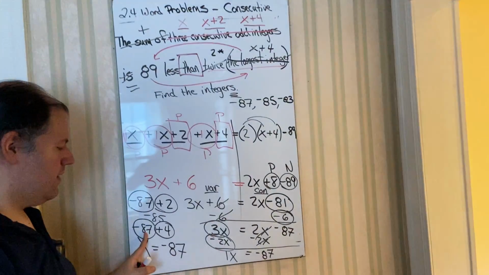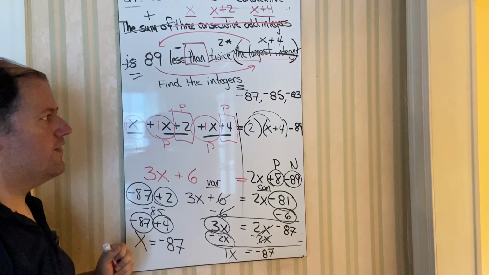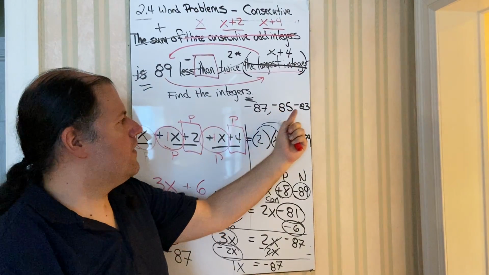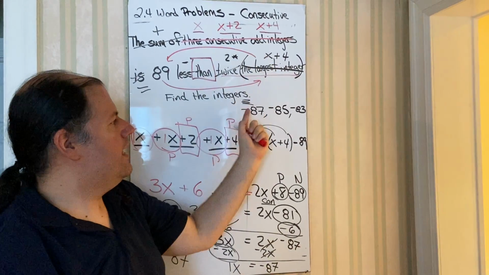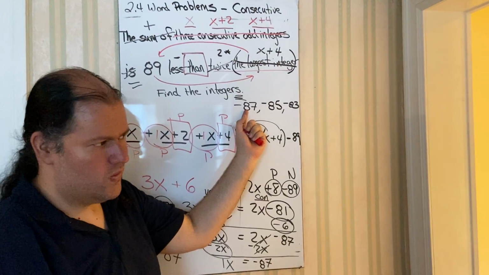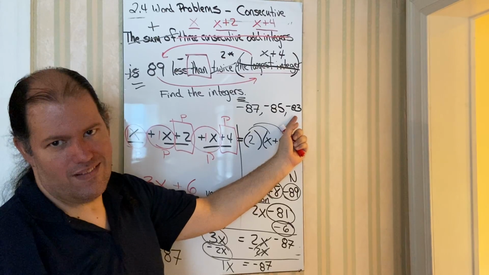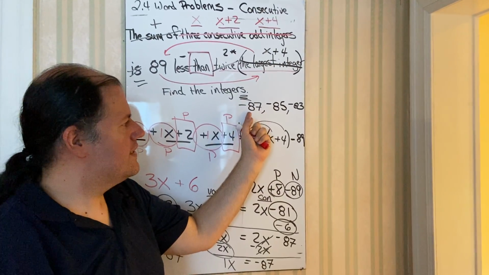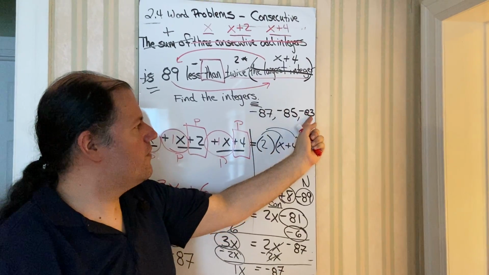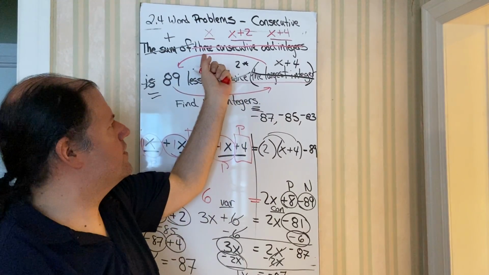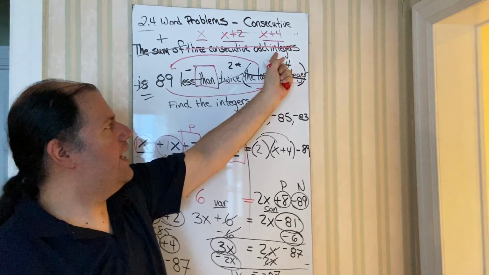Remember, who wins the tug of war? 87 players, team negative. See how each one of these are odd numbers? And would I rather have $87, owe someone 85, or owe someone 83? That is the largest. This is the smallest. There's your 1, 2, 3 integers, because we're dealing with 3 consecutive odd integers.